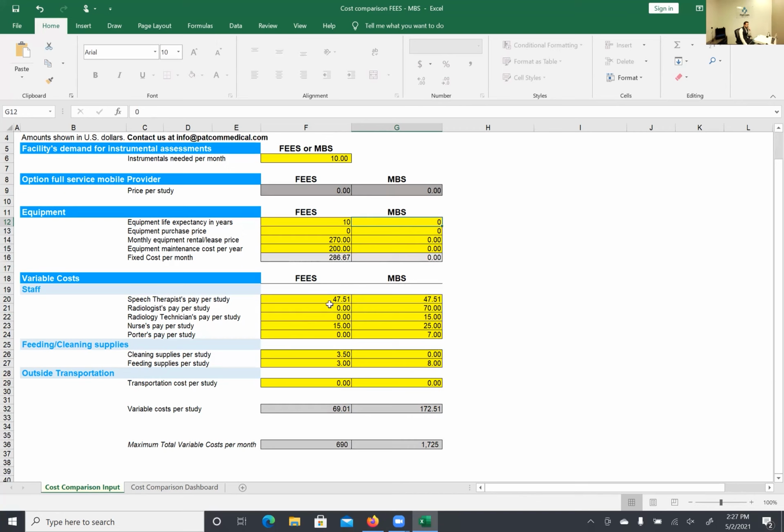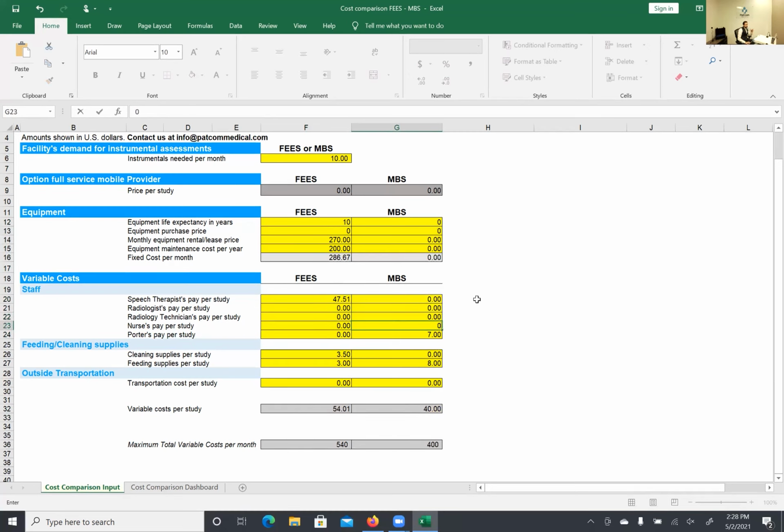Going down here to fees MBS, cost might be similar, right? So we'll leave the cost for a speech pathologist for an hour. Maybe they would work alone, or maybe not, but they might. And then for the MBS part, really you're not paying for the staff, because this is all hospital stuff, right? So this would all be zero here.